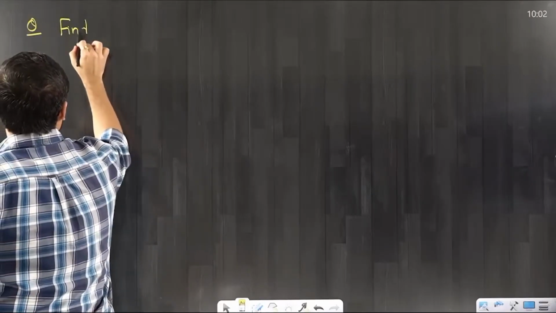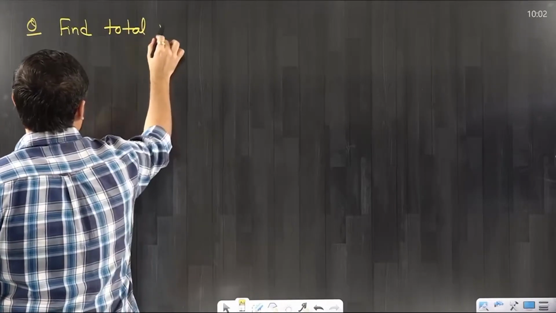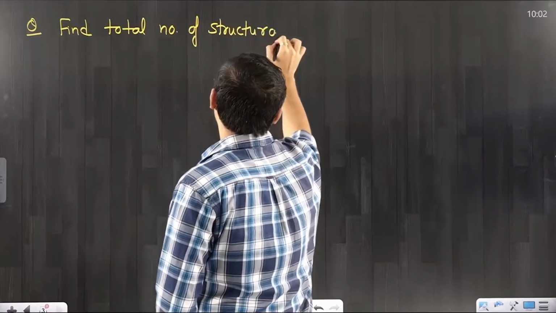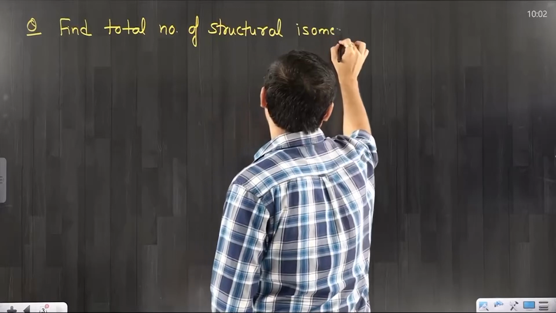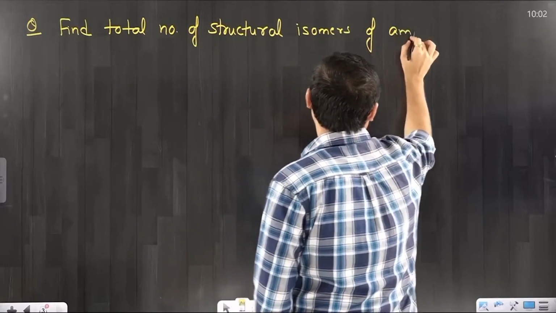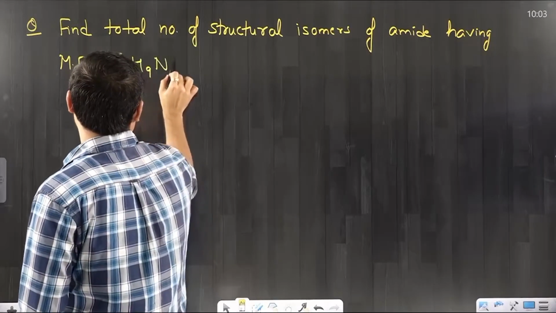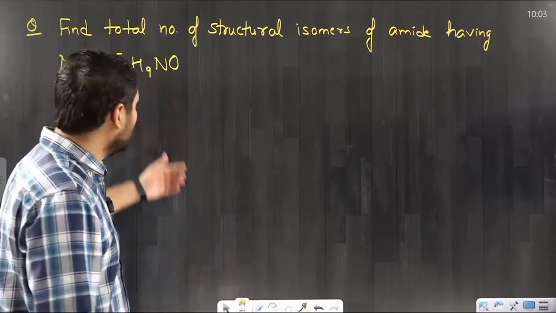Find total number of structural isomers of amide having molecular formula C4H9NO. So we have to find how many total amides are possible.